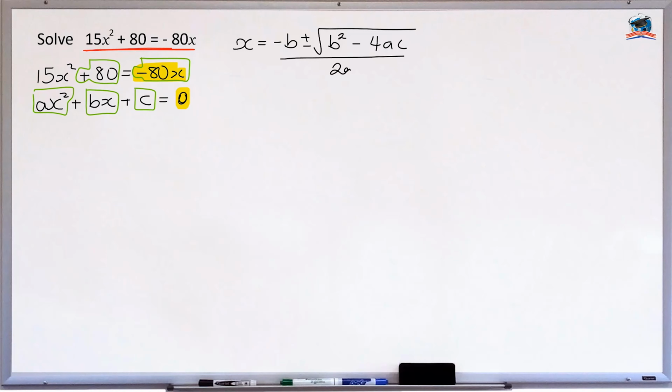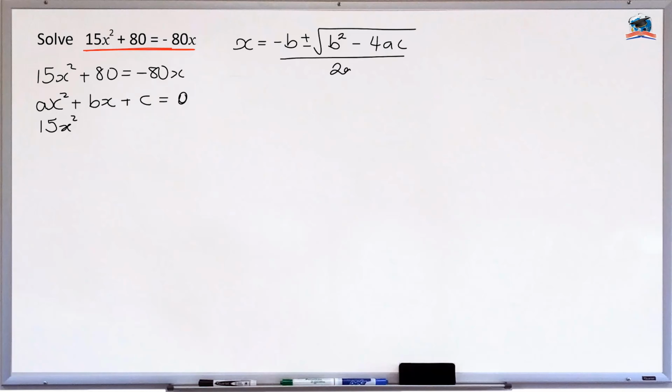So let's rearrange it. First of all, let's remove all this, and then we rearrange. Let's do it. So we will have what? We still have 15x squared there. We're going to bring the minus 80x, which is on the right side of the equal sign, over.